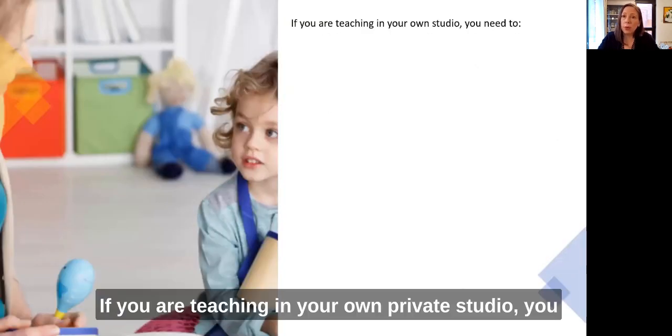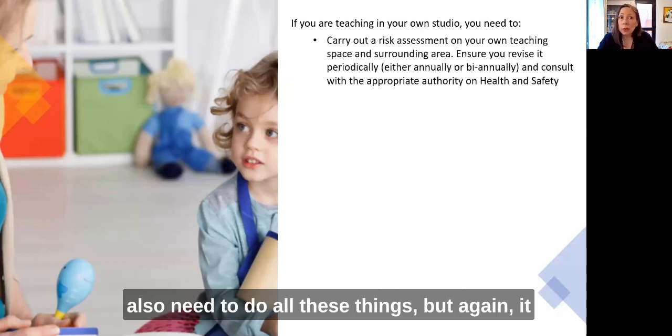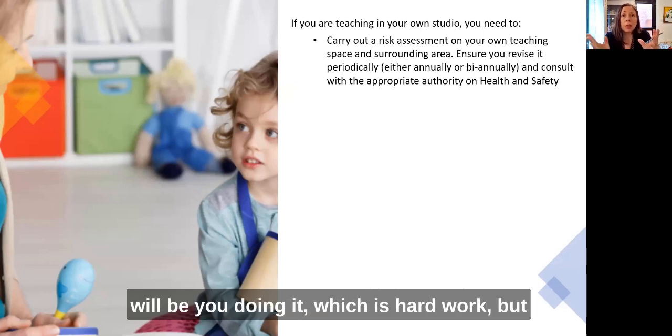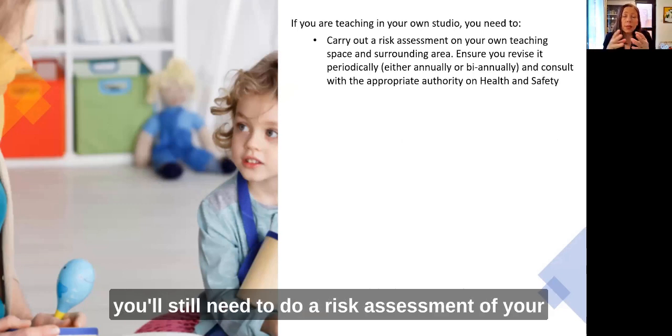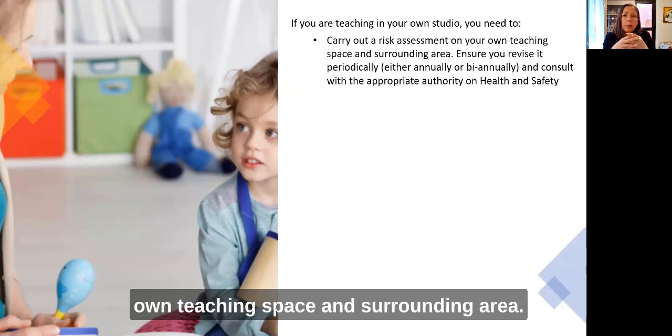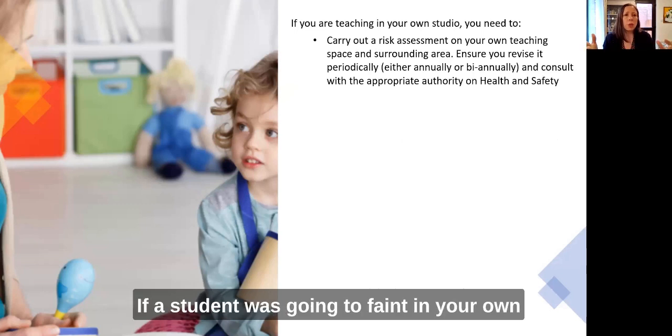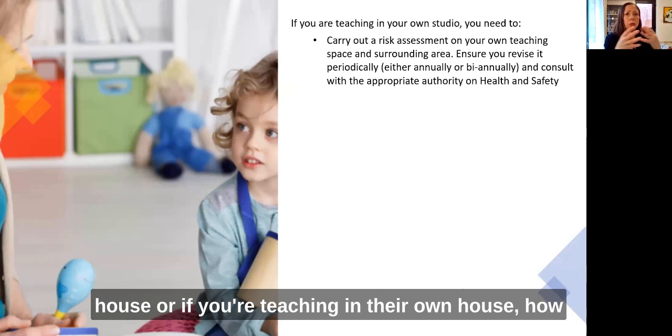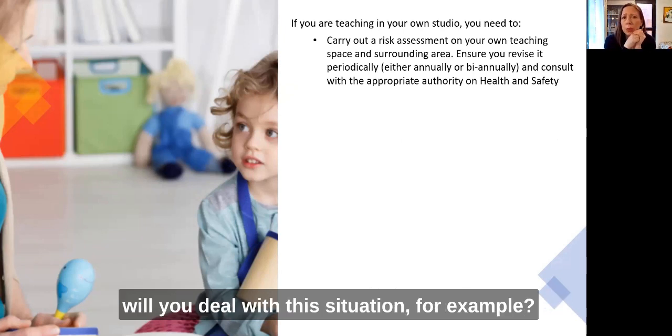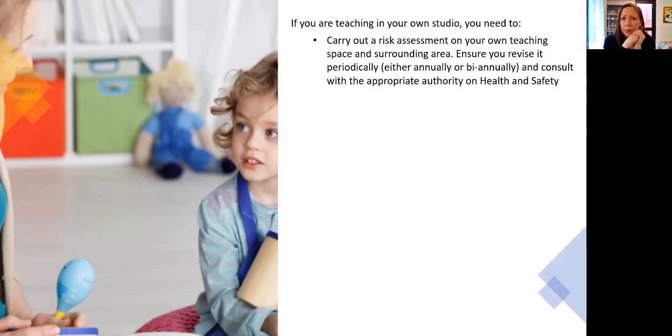If you are teaching in your own private studio, you also need to do all these things. But again, it will be you doing it, which is hard work, but you'll still need to do a risk assessment of your own teaching space and surrounding area. If a student was going to faint in your own house, or if you're teaching in their own house, how is it going to be? How will you deal with this situation, for example?